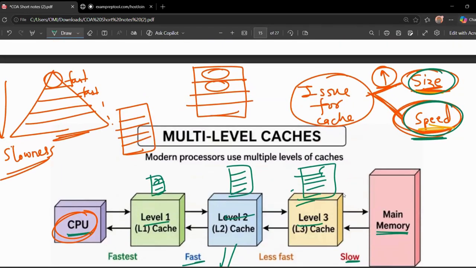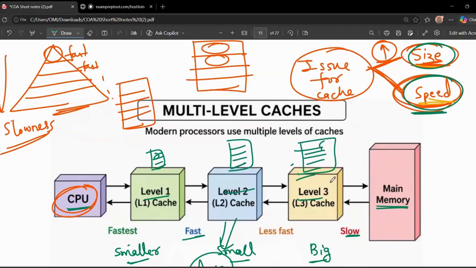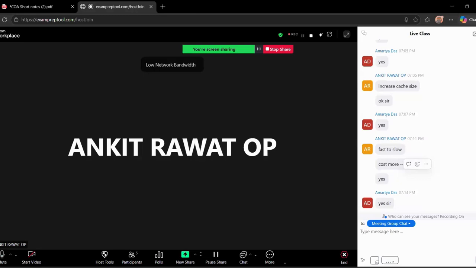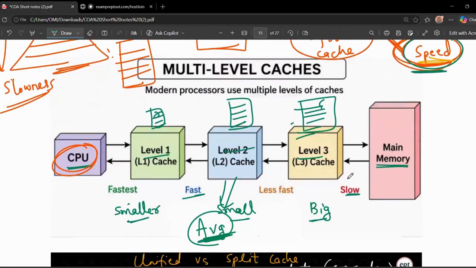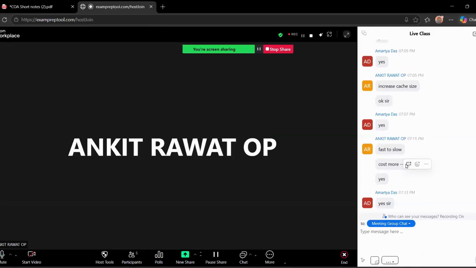So we got the advantage of both worlds, size and speed. That's why the engineers thought of this way: multi-level caches.